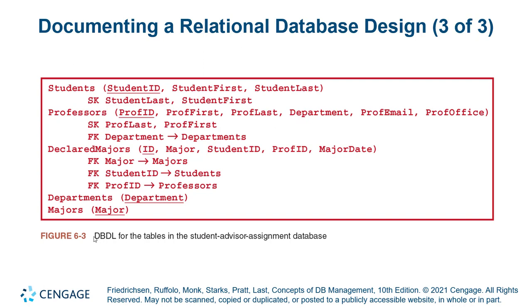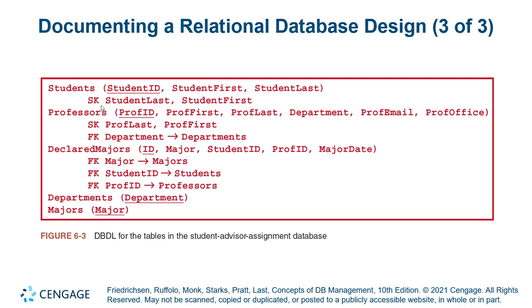You can remember that a foreign key is just a primary key from a different table. So we identify the foreign key attribute, and then we just point to the table that it is the primary key of. Pretty straightforward. We list out all of our keys: secondary, foreign key, primary key. This isn't too different than the shorthand notation we're used to.